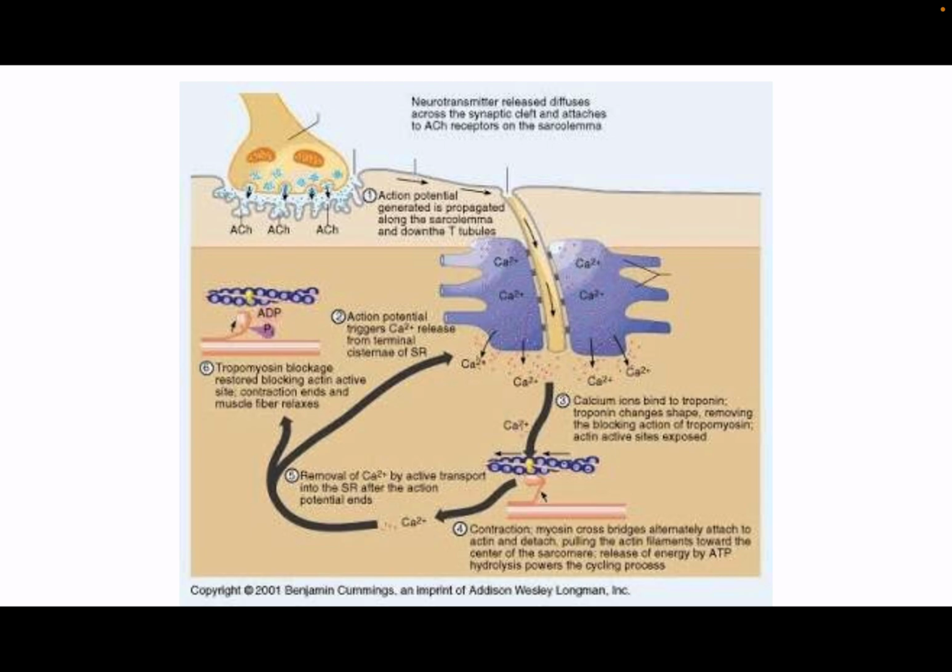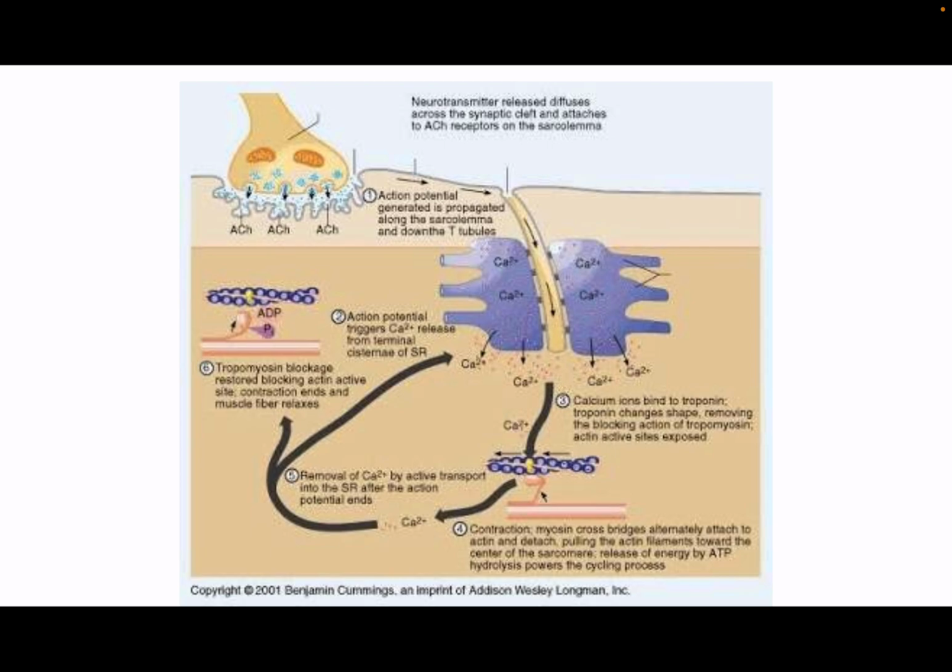Once we have that, the sarcoplasmic reticulum starts releasing positive calcium ions into the sarcoplasm, and that calcium goes down and will bond to the troponin on the actin molecule. Once that bond happens, so now I am down there at step 3, it bonds to the troponin.